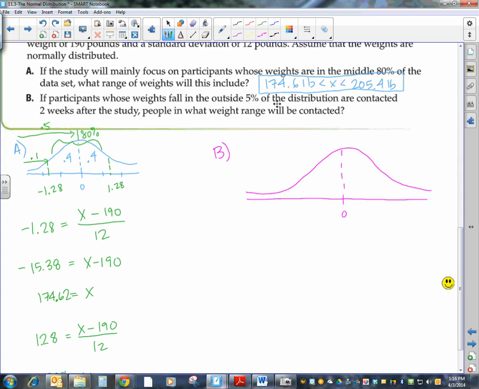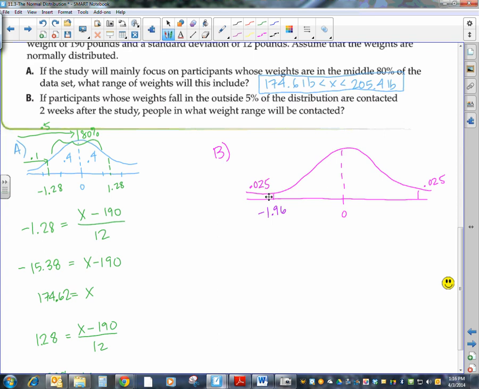Hopefully you know by now we have to divide that number by 2. Half of 5% is 2.5, so that's 0.025 on both sides. You put that in your calculator and it's going to spit back negative 1.96.